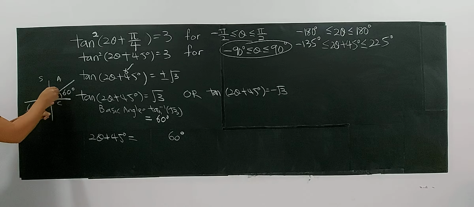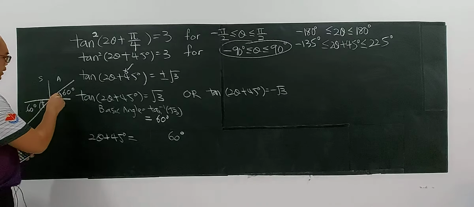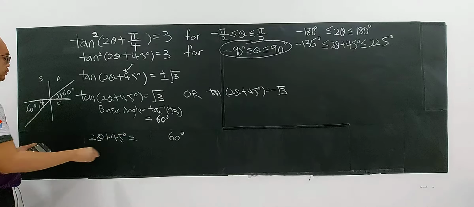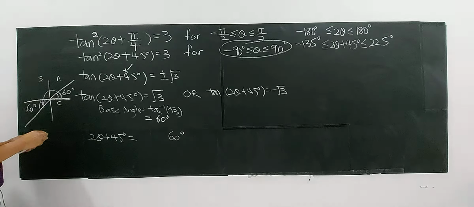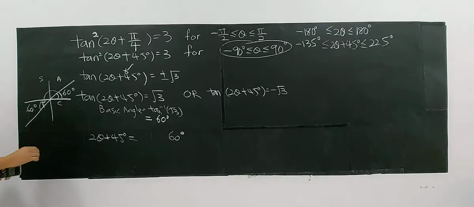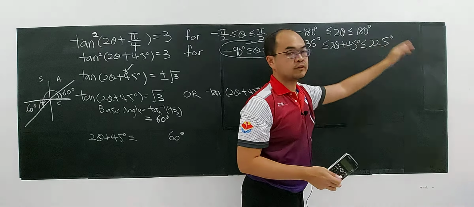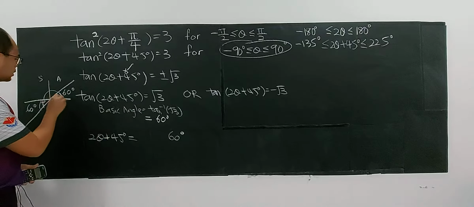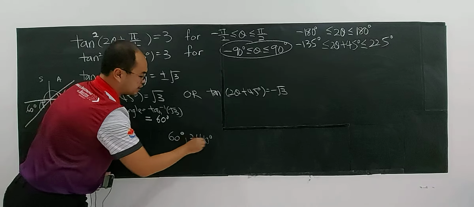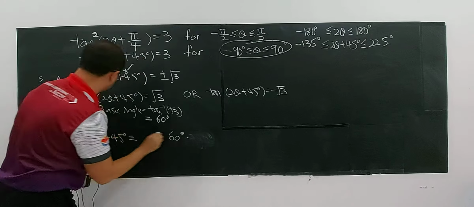But if you take 180 plus 60, that is 240, which is out of the range. 240 exceeds the limit, so it cannot be accepted. So the maximum will be 60.